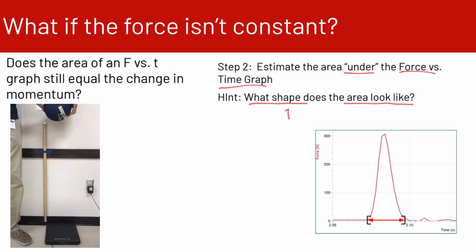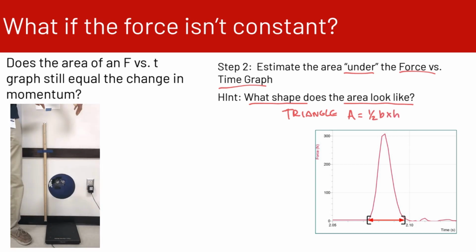So this looks like a triangle. The area of a triangle equation is 1/2 base times height. So our height here is 300 newtons.